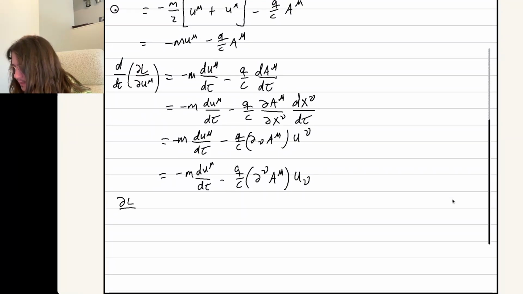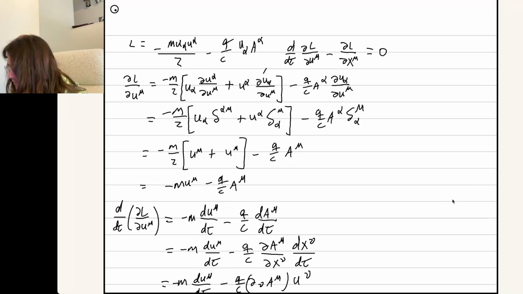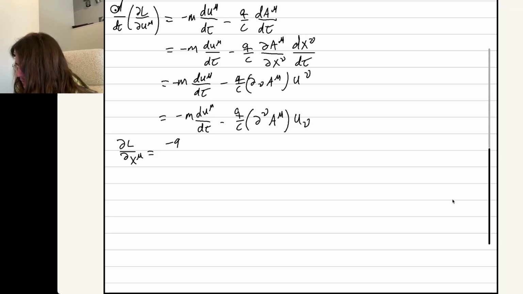Then we need to take the derivative of the Lagrangian with respect to x^μ. None of these depend on x^μ, but A_α does, though. So we're going to have minus q over c u^α, and then this is going to be ∂A_α/∂x^μ.